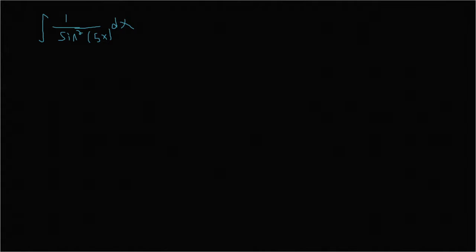Or I know that sine is 1 over cosecant. So this is the same as the integral of 1 over sine squared of 5x, which is cosecant squared of 5x dx.